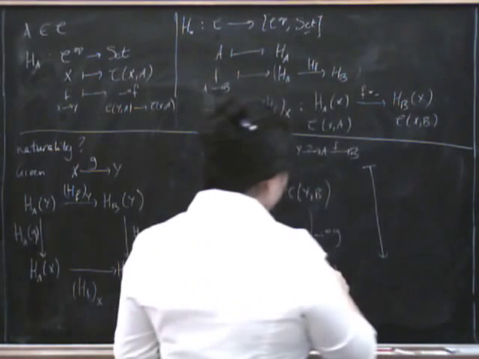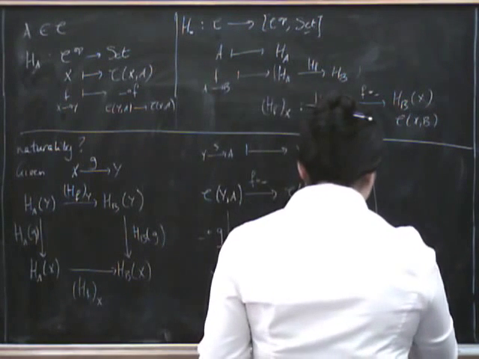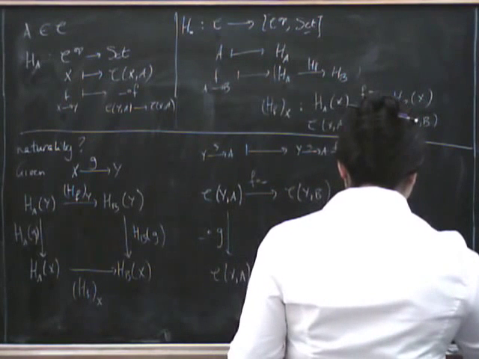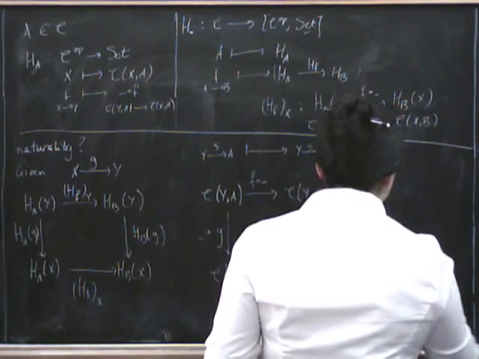We're going to turn it into a morphism from X to B by composing it on the other side with G. X to Y to A to B. So here we've got G, here we've got S, and here we've got F.